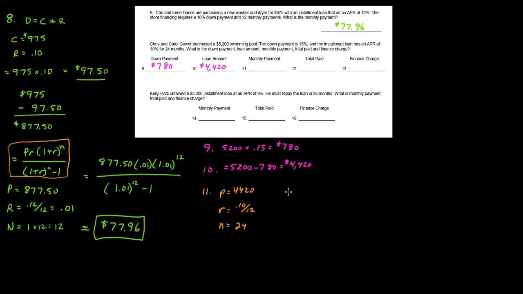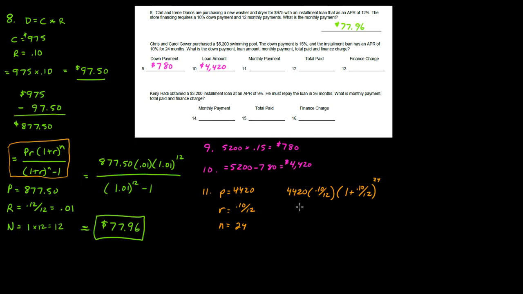So I'll plug this into my formula, and when you set it up, it should look like 4420 times my 0.10 divided by 12, and then 1 plus my 0.10 divided by 12, all to the 24th power here.